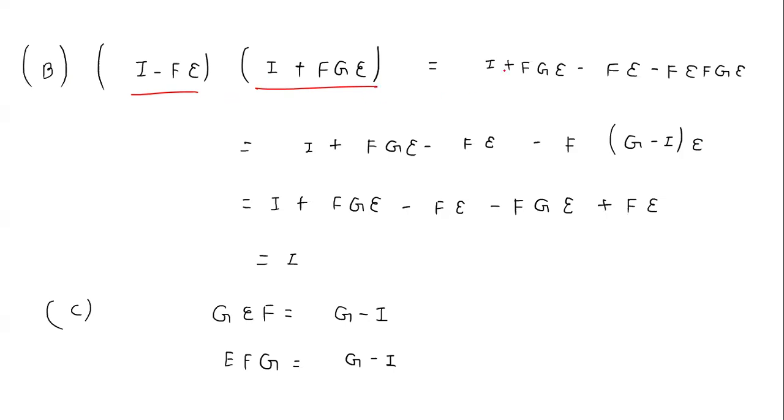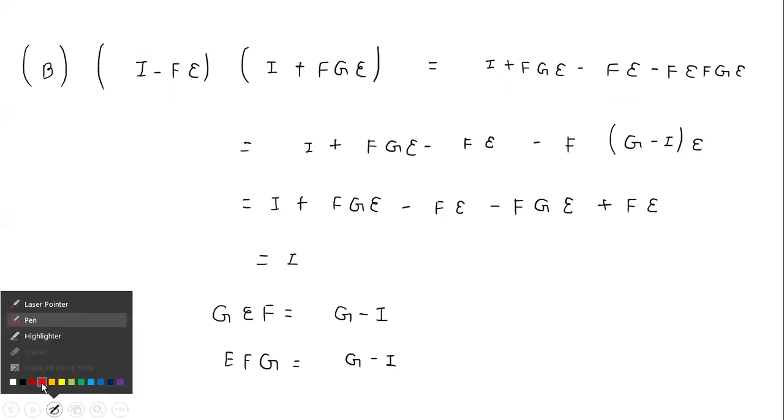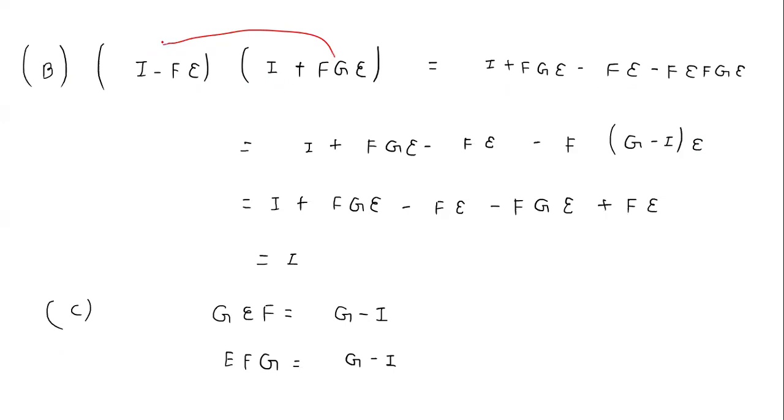So first of all, you can multiply this identity matrix to these two terms, so it will come like I and minus FE, and you can also multiply this FG to this term and this term. So one term is this FGE and another term is this minus FEFGE.